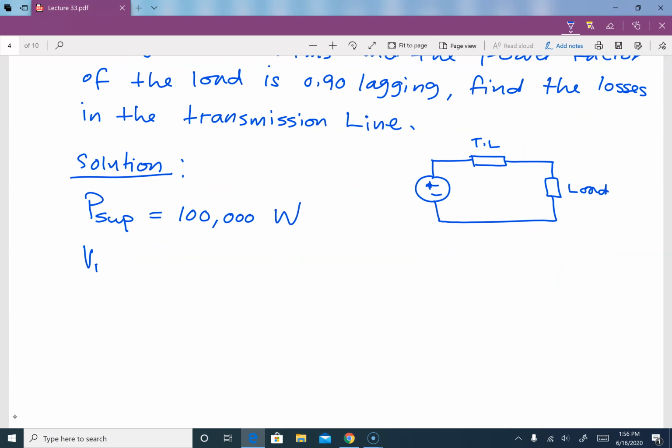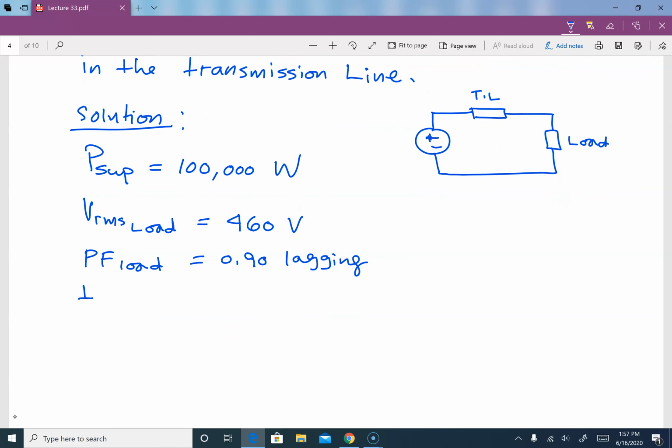The VRMS for the load is equal to 460 volts. We have the power factor of the load, equal to 0.9 lagging. We have IRMS of the load, equal to 240 ampere.